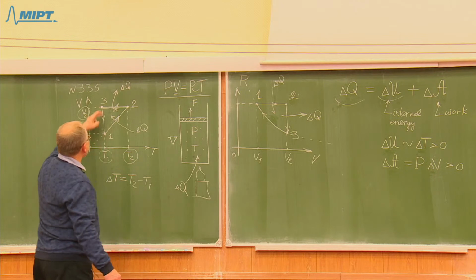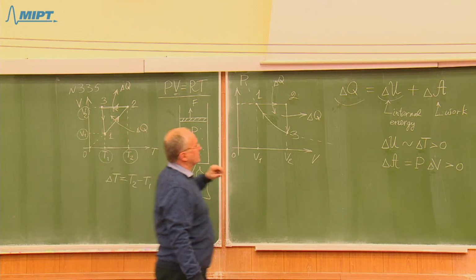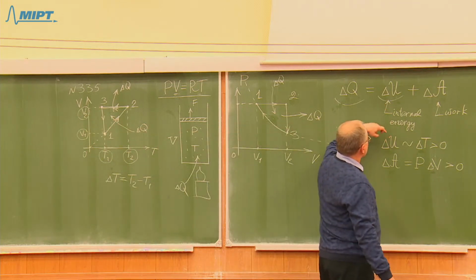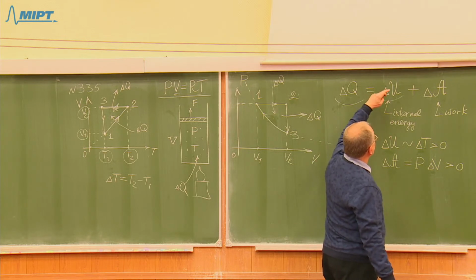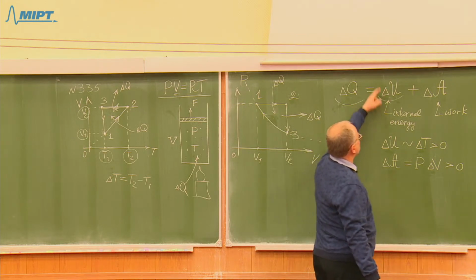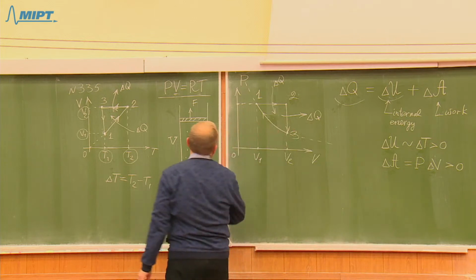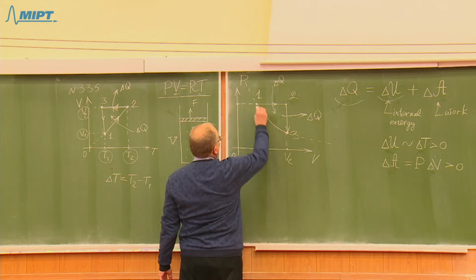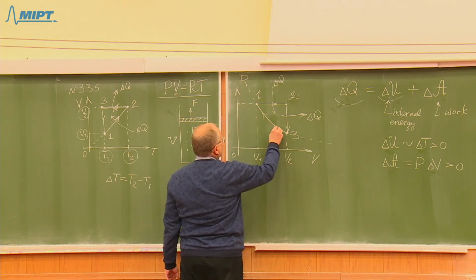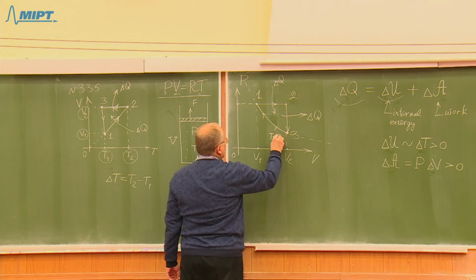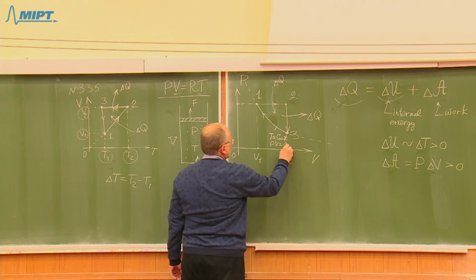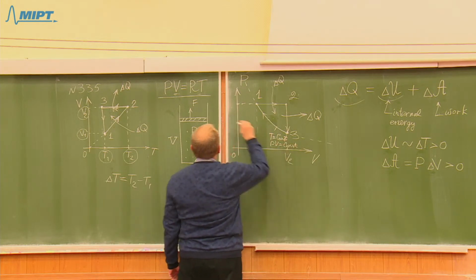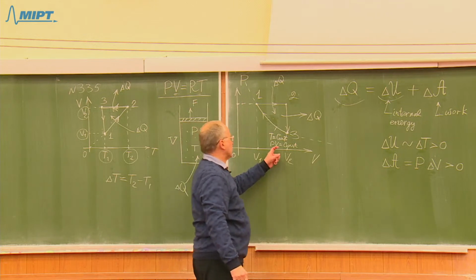Here the temperature is constant, and therefore delta U is 0, and the first term is 0 in this process from point 3 to point 1. Temperature is constant, and therefore PV is constant due to the equation of an ideal gas.